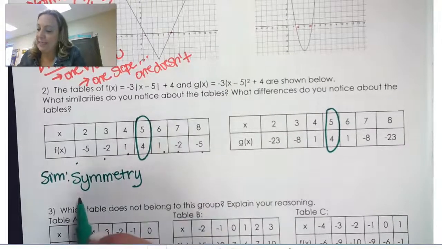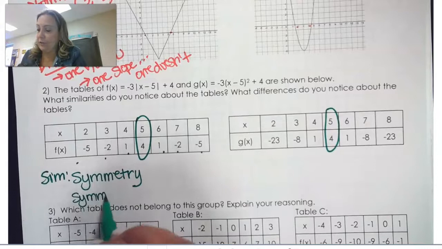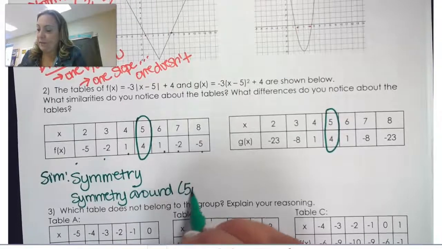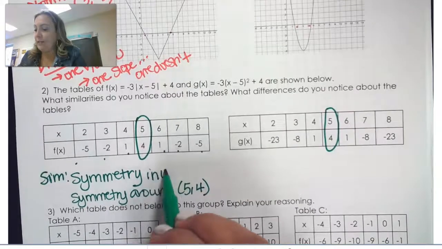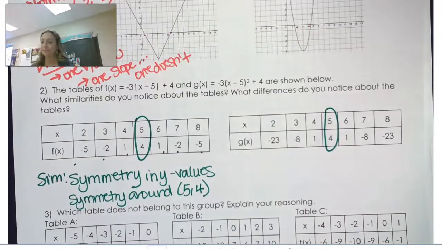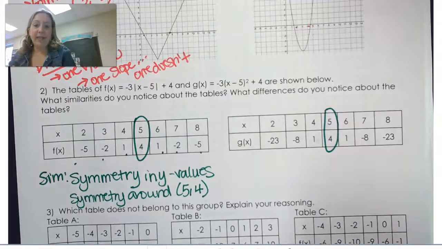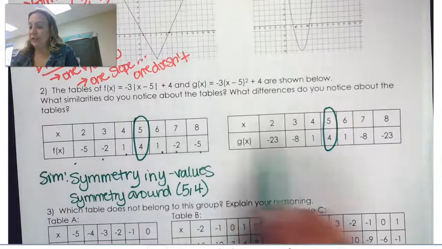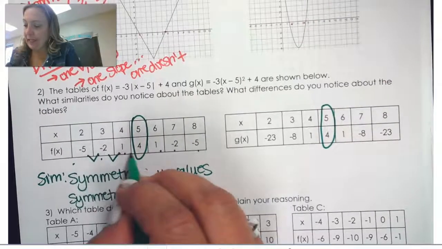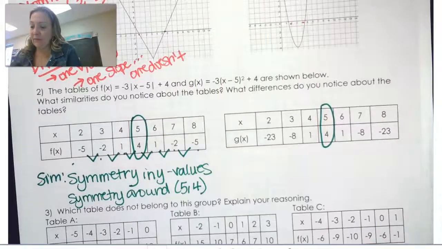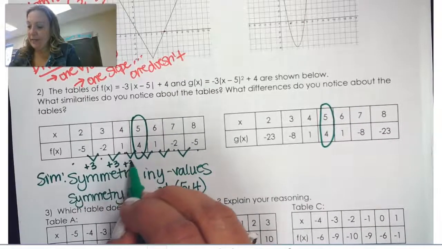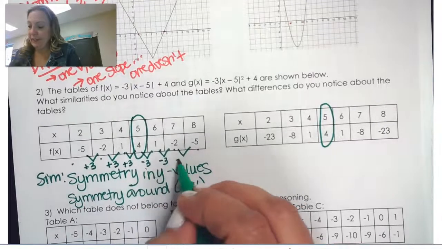So that's something that people notice as a similarity, is that there's symmetry. A lot of times they'll say the symmetry is around 5, 4. So there's symmetry in the y values, and the symmetry is around 5, 4. That's what they have in common, but notice that the symmetries are a little bit different. Let's investigate the tables, kind of like we did the other day, by looking to see how the y values are changing. Here we're going up 3, up 3, up 3, and now down 3, down 3, down 3.